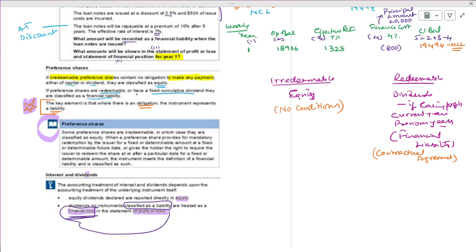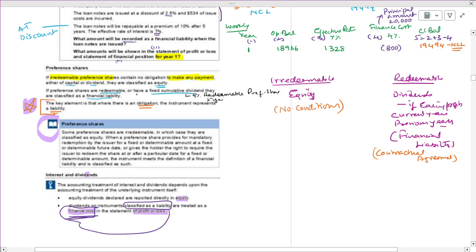If preference shares are redeemable or have fixed cumulative dividends, they are classified as liabilities. They will write very clearly, 9% redeemable preference shares, 5 years. If they say like this, then it is a liability.